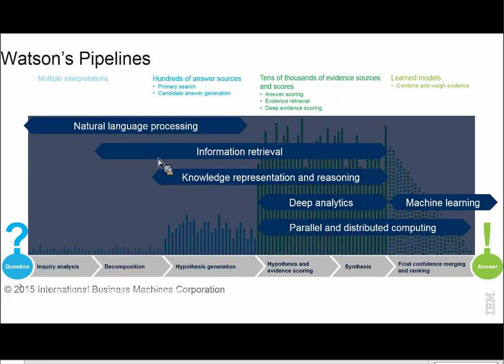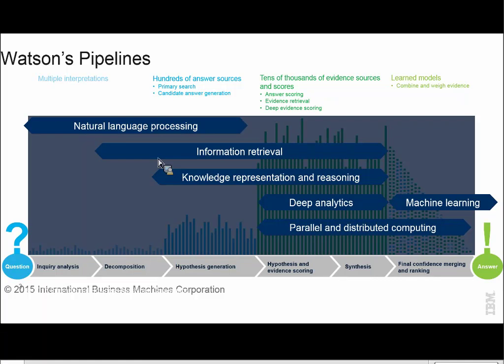For medical applications, that corpus contains all the medical journals, articles, and so forth. Those are all ingested. The candidate answer generation will go out searching those for answers to the question, pieces within the articles that are relevant, come back with some number of candidate answers, and then move on to the next step.